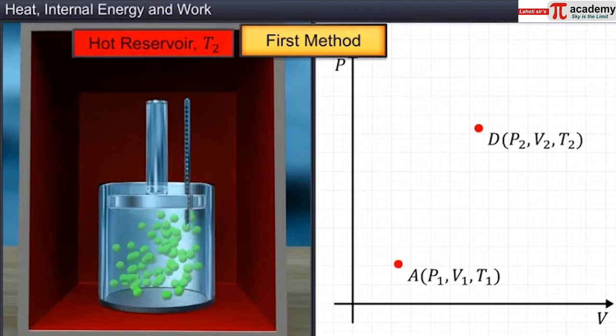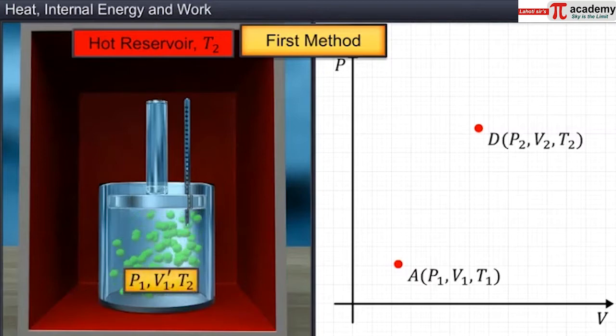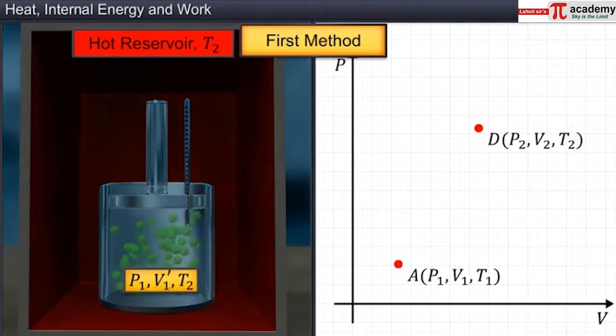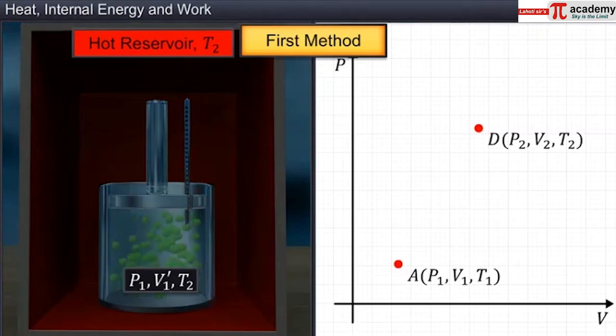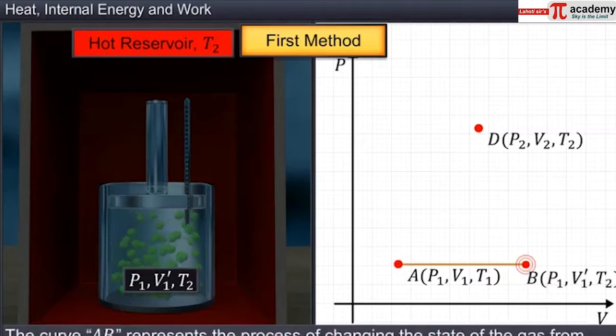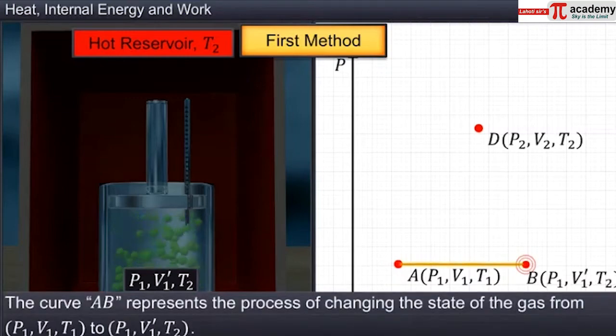After sufficient time, the gas may be at a new state, identified by P1, V2, T2, and represented by point B in the PV graph. The curve AB represents the process of changing the state of the gas from P1, V1, T1 to P1, V2, T2.